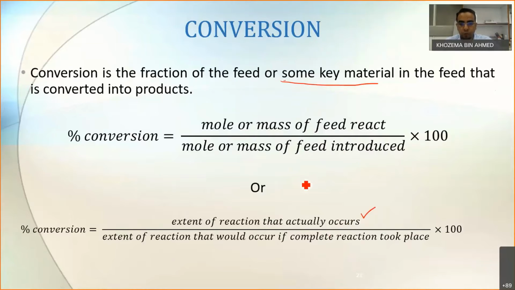So you have two formulas you can use to find your conversion. And the same thing here, if you have percentage of conversion, you times it with 100. If you are finding fraction of conversion, don't times with 100. So that is the only thing you have to know about conversion.